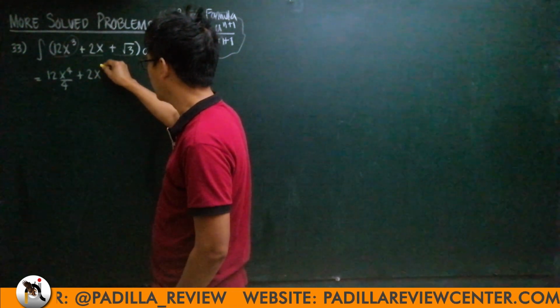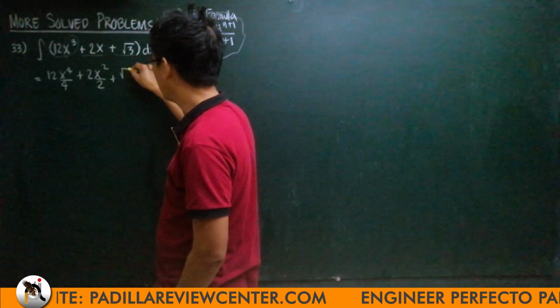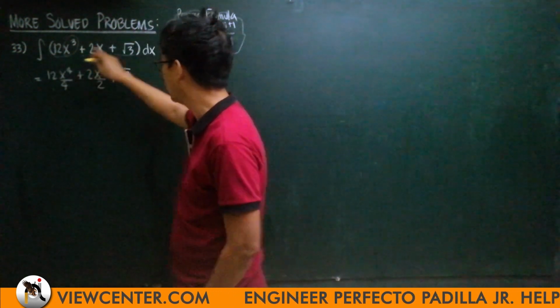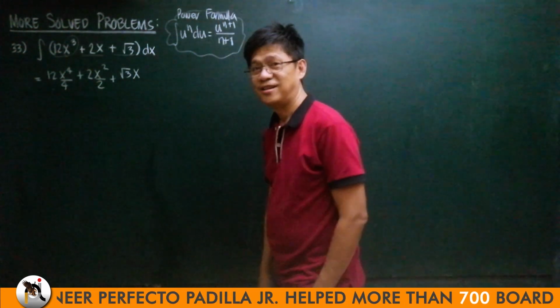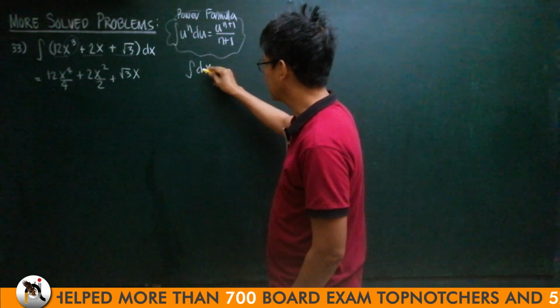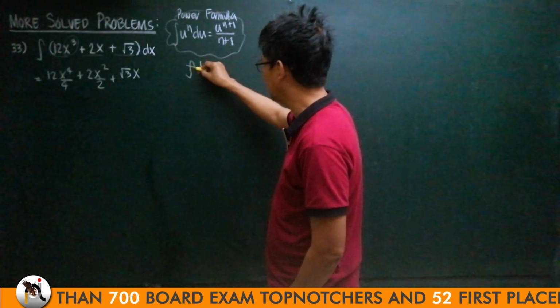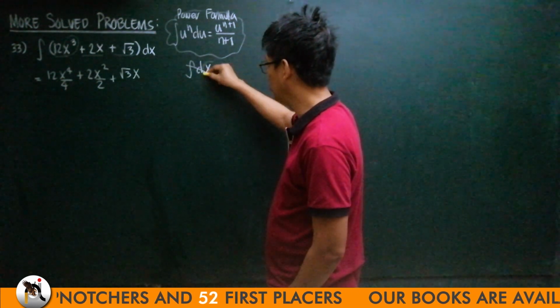Integral of x to the 1 is x to the 2 over 2, plus square root of 3 times the integral of dx, that is x. So the integral of dx, integral is antiderivative of derivative. So that leaves you x.